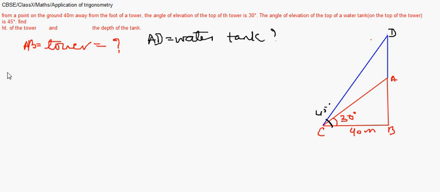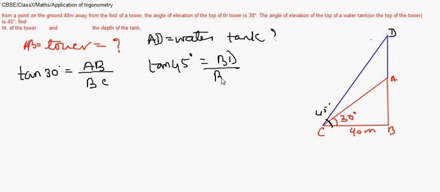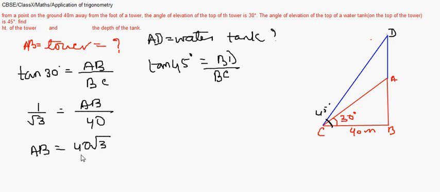Now look at the triangle ABC. In triangle ABC, tan 30 is equal to AB by BC. And on the other hand, if we look at the triangle BCD, tan 45 is equal to BD by BC. So tan 30 is 1 by root 3, and BC is 40, that gives AB is equal to 40 root 3 by 3.